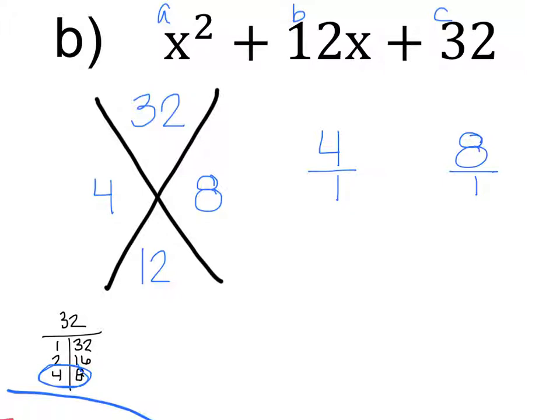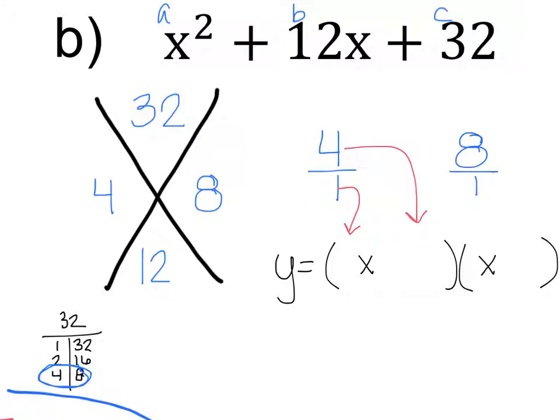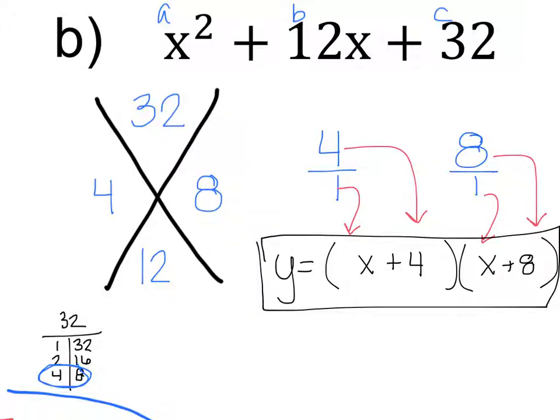So now we just write out our factors. We didn't have a greatest common factor this time, so nothing goes in front of the parentheses. A 1 goes here, don't need it. That's a positive 4, so we write plus 4. And then the 1 goes right there, and then a positive 8, so we write plus 8. So there are our factors for x squared plus 12x plus 32.